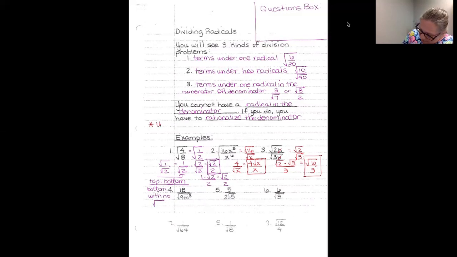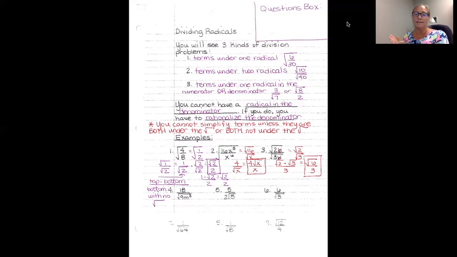You cannot simplify terms unless they are both under the radical or both not under the radical. So as you look at problem number 4, 18 and 9, if 9 went under a radical, we would be able to just reduce those, but because it is not, you cannot.